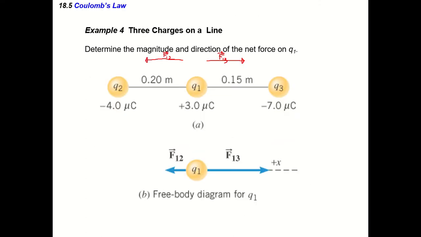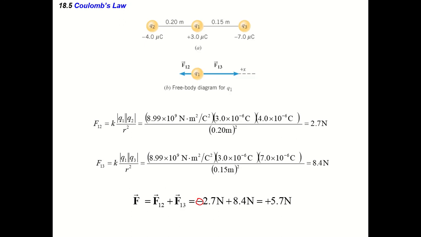Okay, so we're asked the direction. So now you can say that plus 5.7 newtons, going to the right. You can write this one. This is one option.